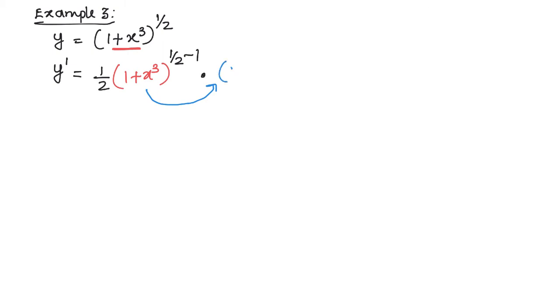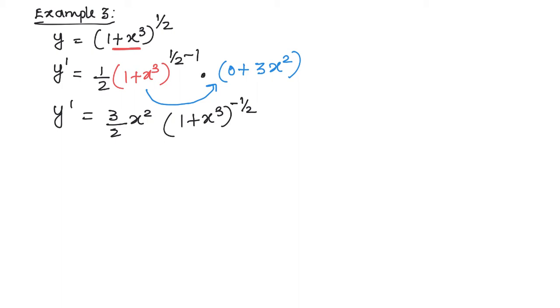So that will be 0, the derivative of 1 is 0, the derivative of x cubed is 3x squared. Now simplify. So y prime equals 3 over 2 x squared times (1 plus x cubed) to the power negative half.